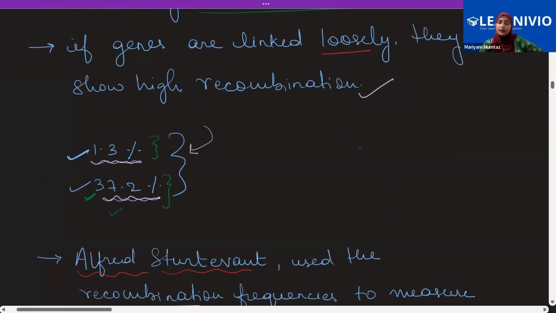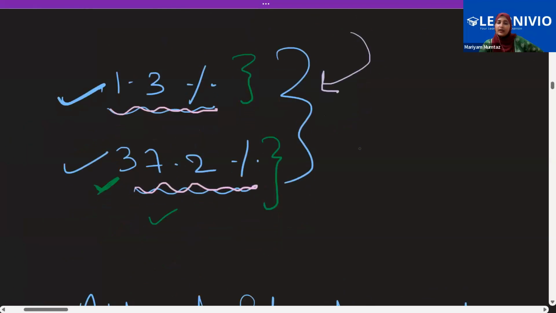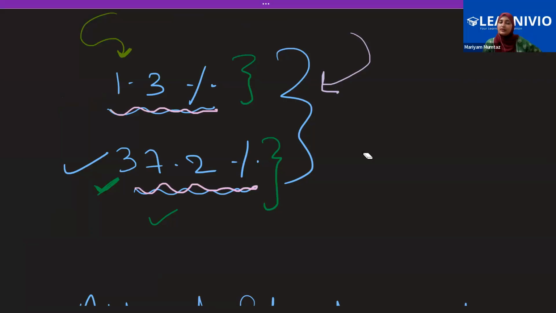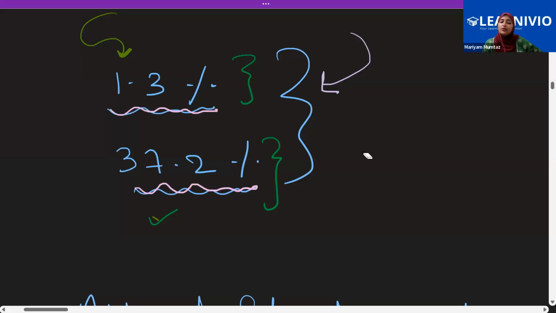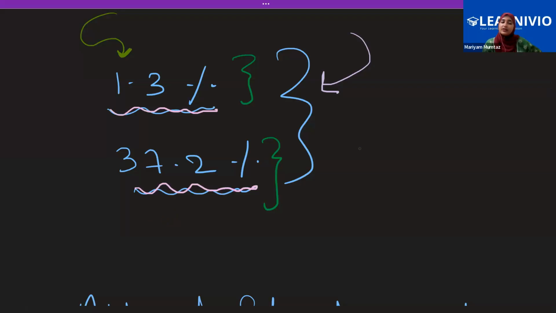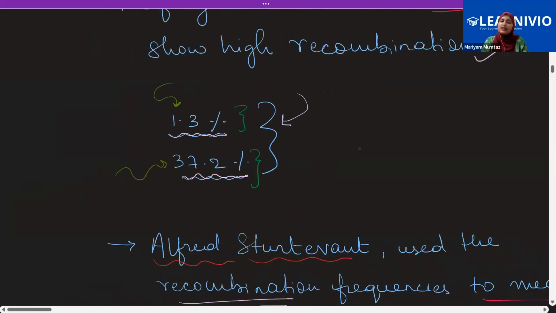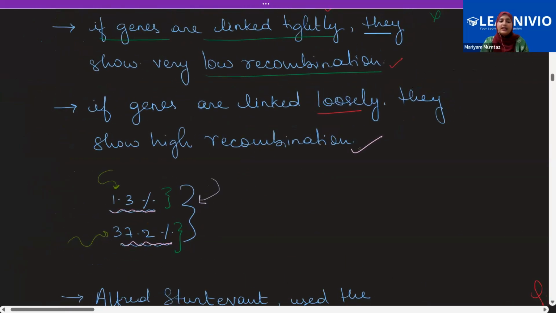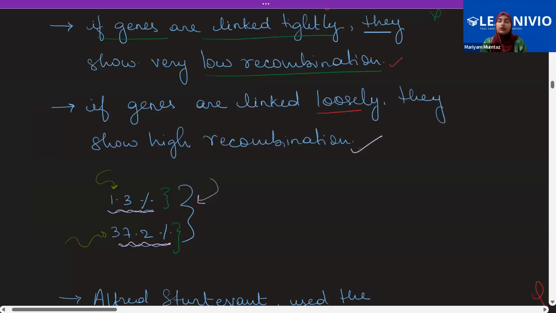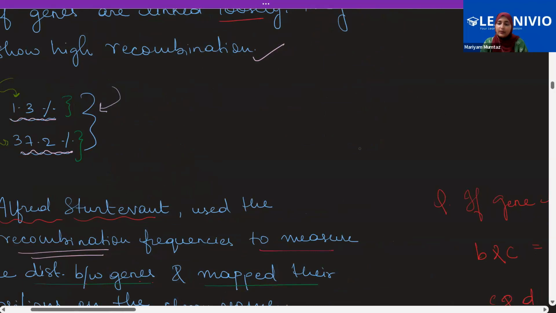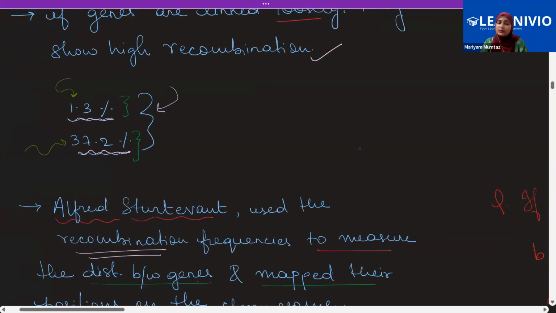He saw that with the tightly linked genes, the recombination percentage came out to be only 1.3%, but with the loosely linked genes, it came out to be 37.2%. Now you see the difference by yourself, right? If the genes are very tightly associated on the chromosome, they will not be crossed over easily, and the recombination frequency will be very low. Whereas the recombination frequency of the loosely linked genes will be much more.